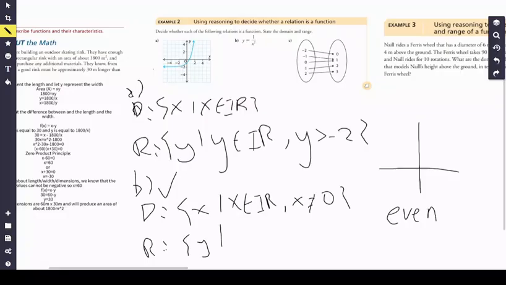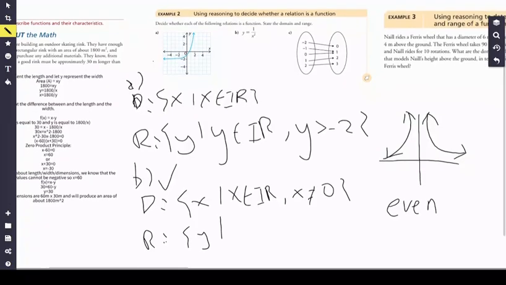We know that we have an even vertical asymptote at 0, so it must look something like this, where both sides go up. So we know that the y value will always be greater than 0. And we notice that there is a horizontal asymptote here. How do we know?